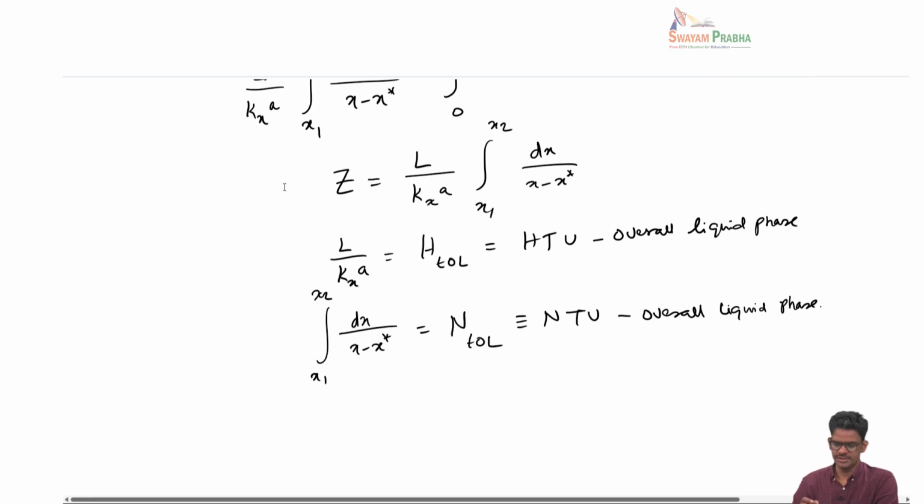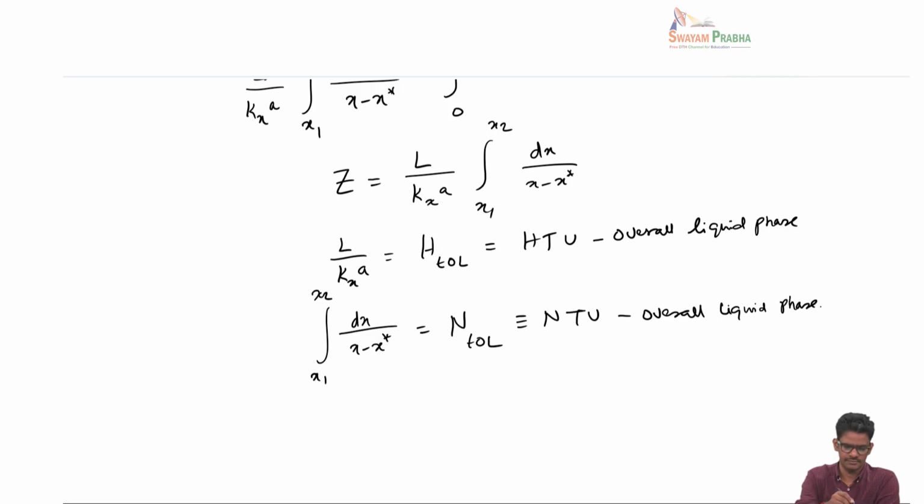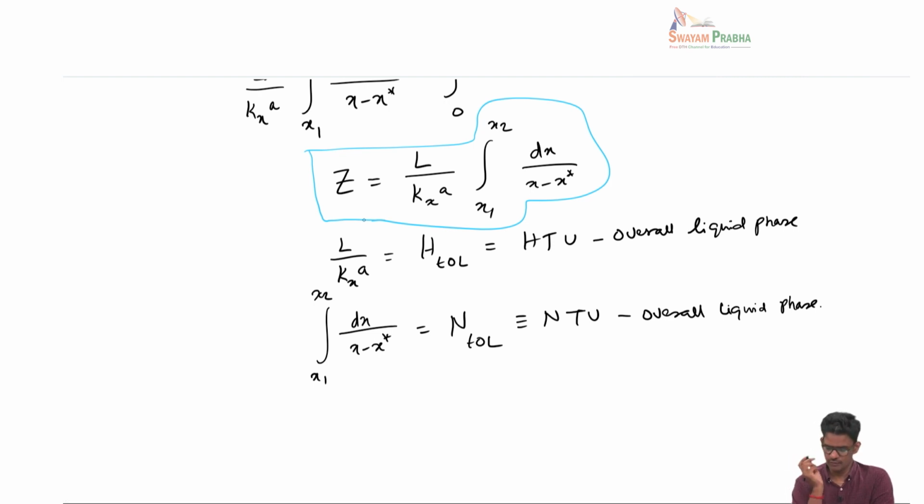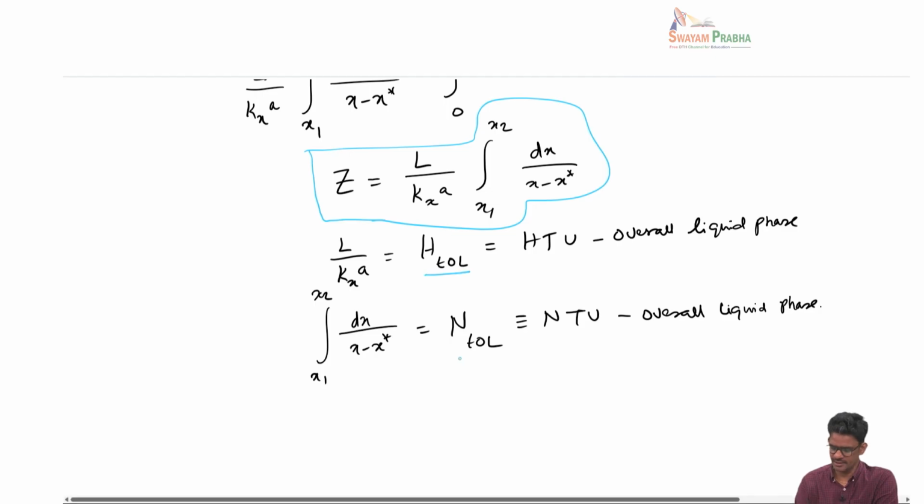So essentially this is our design equation. This is our design equation to calculate the height of the packing for stripping operation, which involves the calculation of HTOL and then NTOL. So if I know the liquid flow rate, mass transfer coefficient and interfacial area through the packing material, I can calculate the height of a transfer unit.